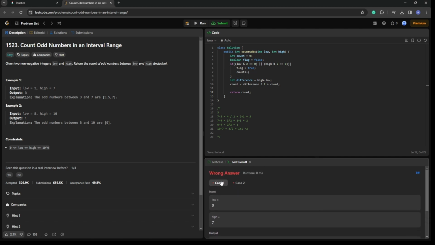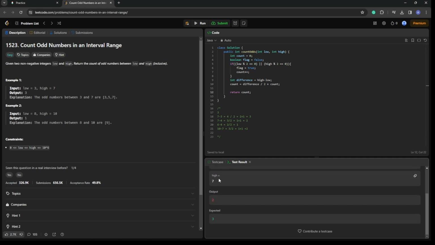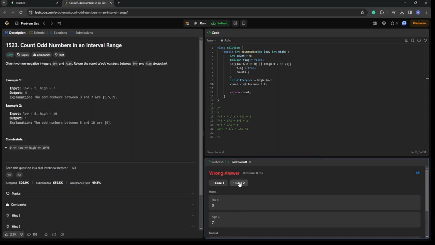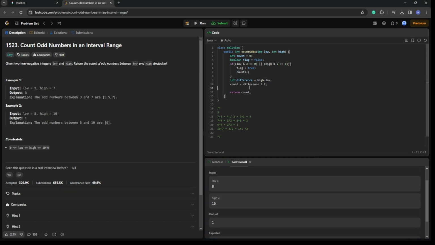Wait, is this incorrect? Oh, okay. Oops. Count is equal to, let's call this int res. Count plus equals res.